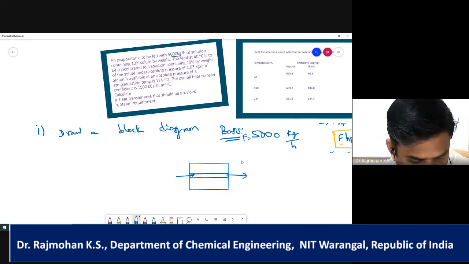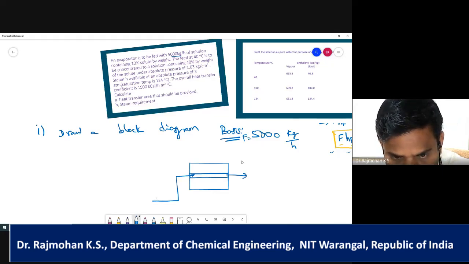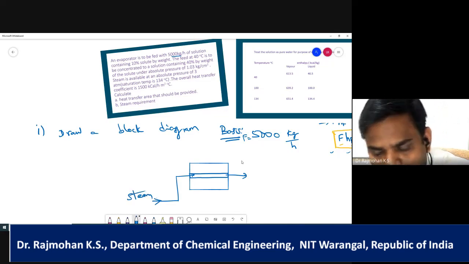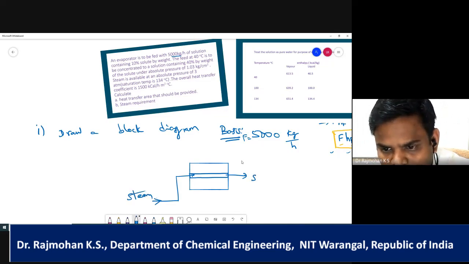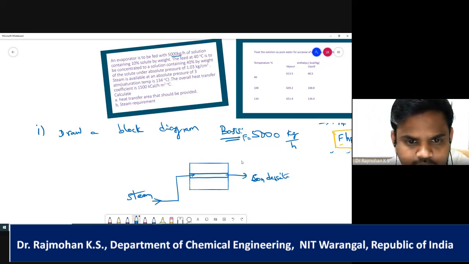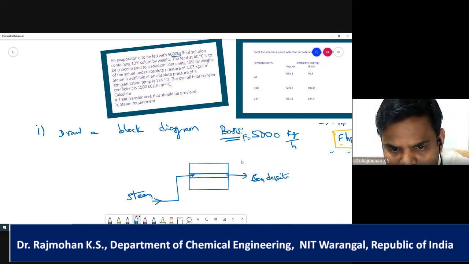So we supply steam here, right? Remember when we are drawing for material balance, we did not bother about what is happening with respect to steam. But when you do this energy balance problem, we have to consider that also.